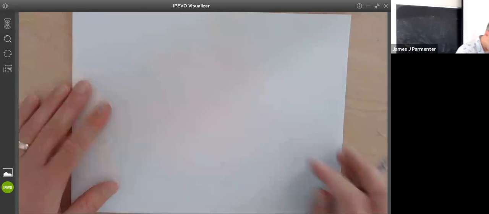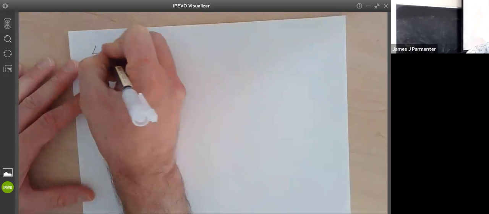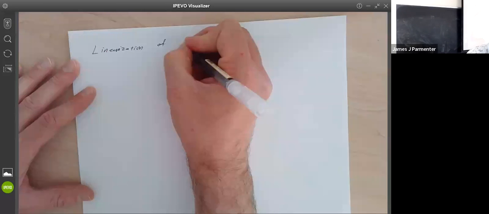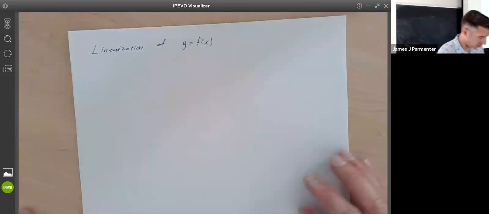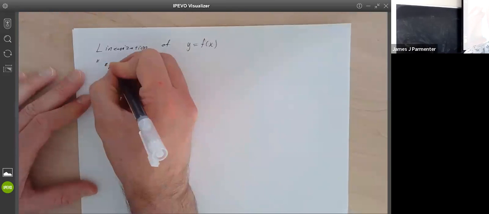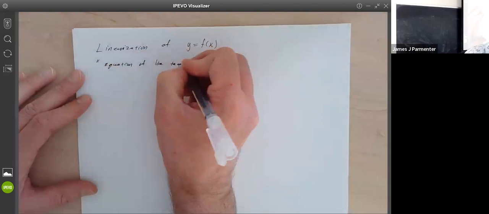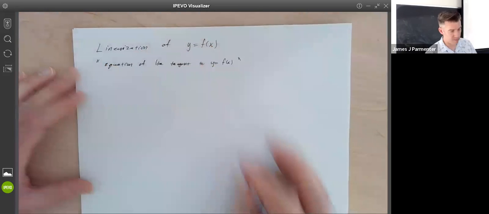So if I wanted to find a linearization of, say, y equal to f of x, it's really just a fancy word for the equation of the line tangent to y equals f of x. Often we like to give a little more information.